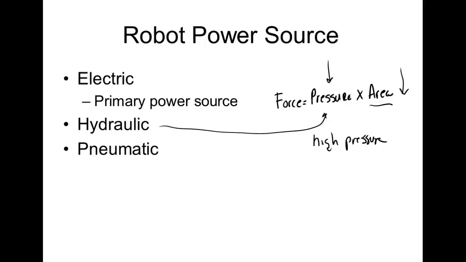Our hydraulic trainers, we used to run at 1,000 psi here on campus. The highest pressure that I dealt with was 3,000 psi. So 3,000 psi means I can have an actuator that had 1 inch of area and generate 3,000 pounds of force.